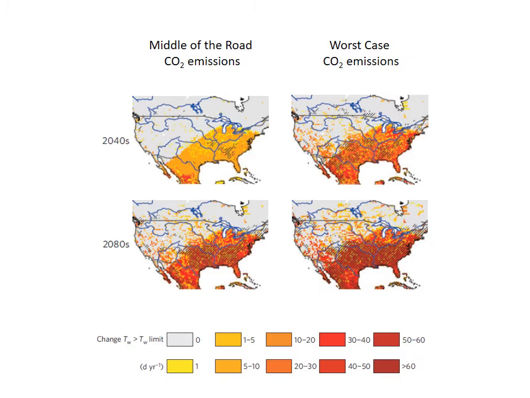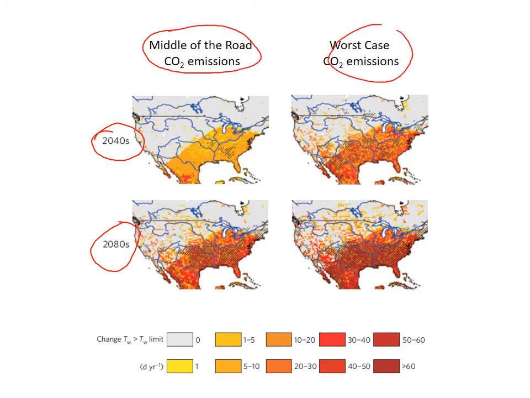And so these are results from a study that was in Nature Climate Change that looked at this, right? So they projected out into the future in the 2040s and the 2080s under two different climate change scenarios. One which is okay for us, and one which is like the worst case scenario.